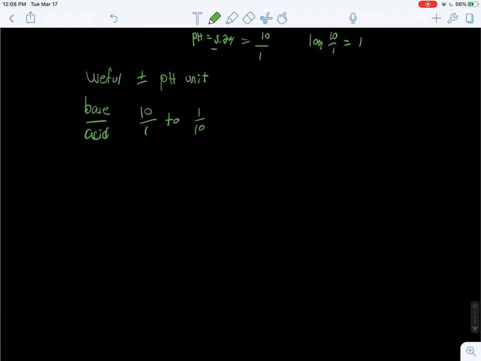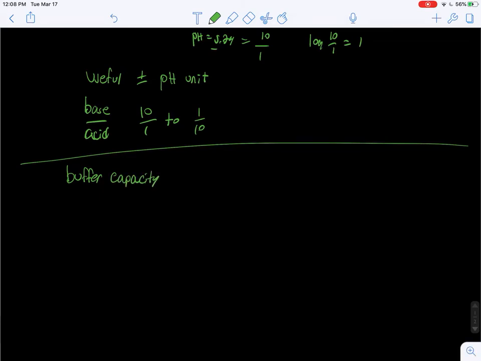And so we want to now think about buffer capacity. Buffer capacity is different than buffer range. Buffer capacity is how much hydroxide ion or H plus ion can react, okay? How much OH minus or H plus ions in a buffer it can react with, okay?